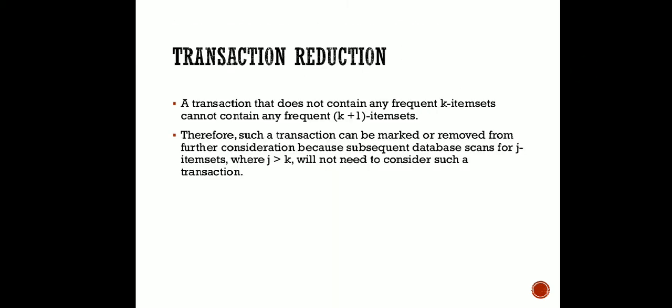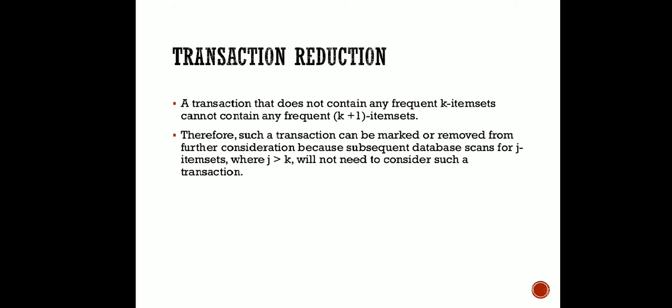Okay, next one, this transaction reduction method says a transaction that does not contain any frequent k item sets cannot contain any frequent k plus 1 item set. So you can easily understand that, say we are having some of the items marked as A, B, C, D, E, right? And now if we are in search of a pattern A, B, C, and we failed to find that pattern ABC.